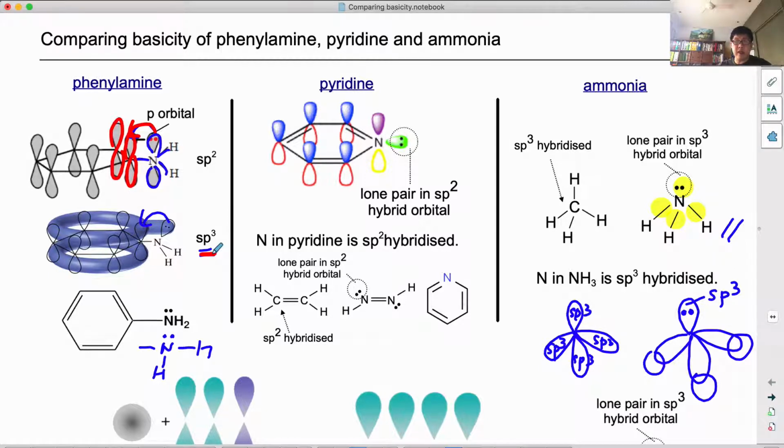I would say it could exist as sp3 or sp2. In fact, sp2 is what we call the transition state, but I won't go into detail. It depends on your school, because some schools expect students to say the nitrogen in phenylamine is sp2 hybridized, and some schools expect sp3. So check with your school.